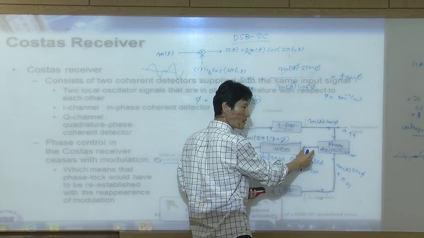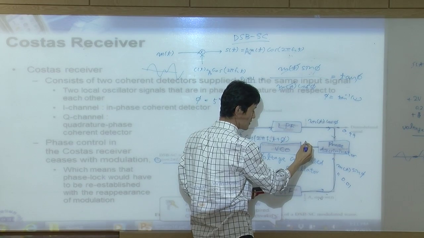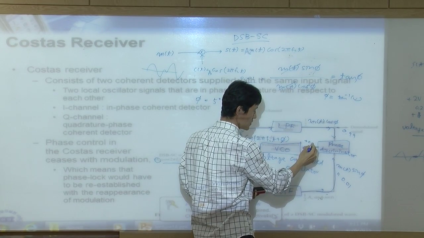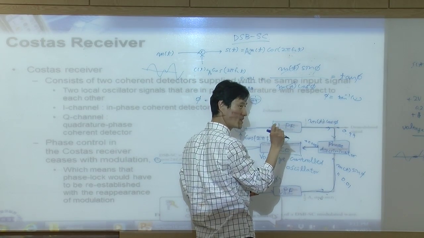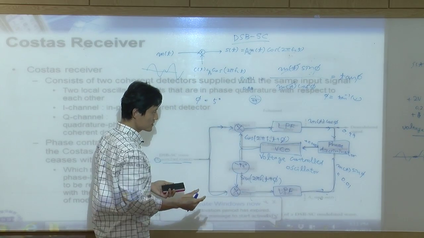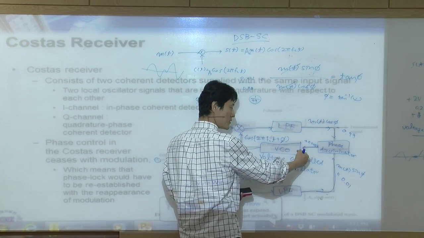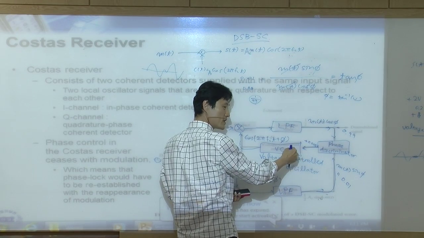Maybe positive 0.005 volt, something like this. A very small positive voltage comes out. Now you are not going to get 0. You're going to get a very small positive value into the VCO.